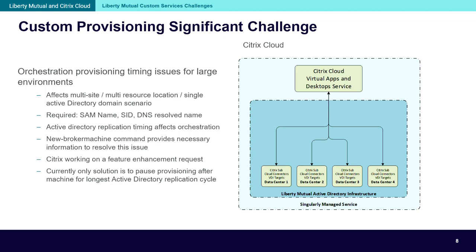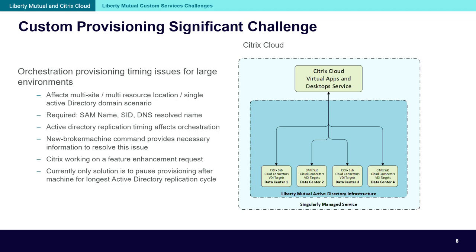But now, Citrix Cloud, when it goes to do that new broker machine, it doesn't know which data center the machine is in. All it knows is you're going to provision a new machine into Citrix Cloud. It knows the name of the machine, it knows what Active Directory it's in, but it doesn't know which data center, it doesn't know which resource location it might happen to be in.